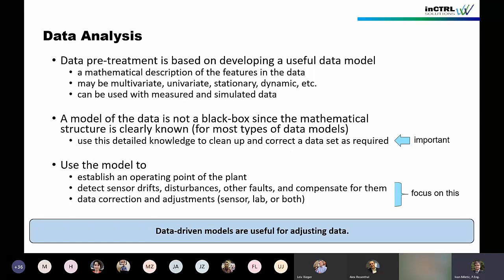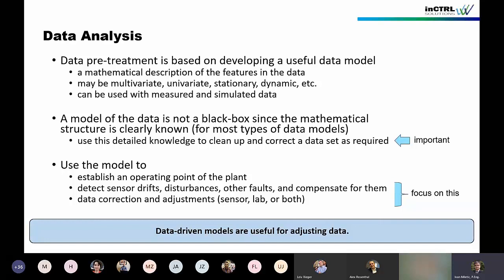Remember that what we're looking at here is developing a model quickly, and that we want an effective model that has a few model parameters that are easy to calculate and easy to estimate, so that they can be used for correcting the data set.